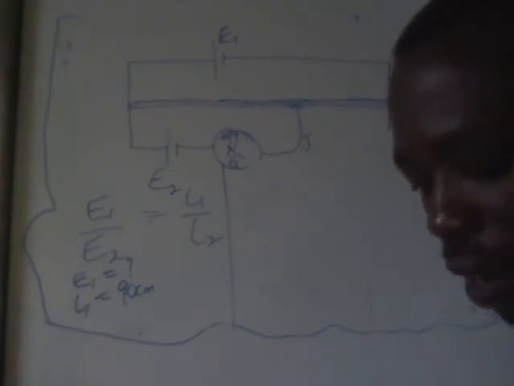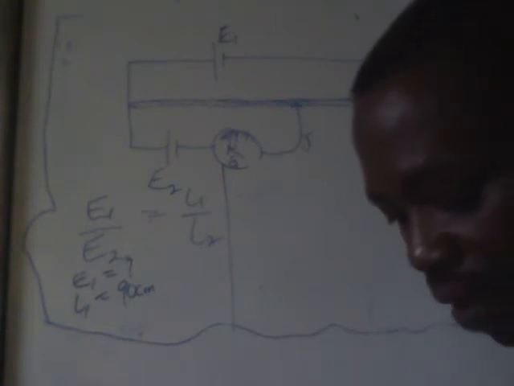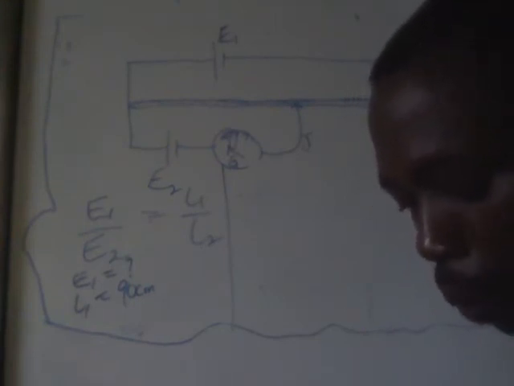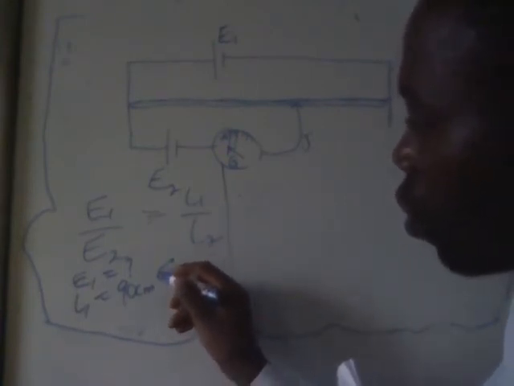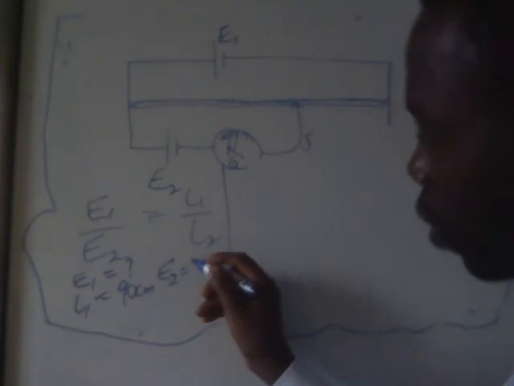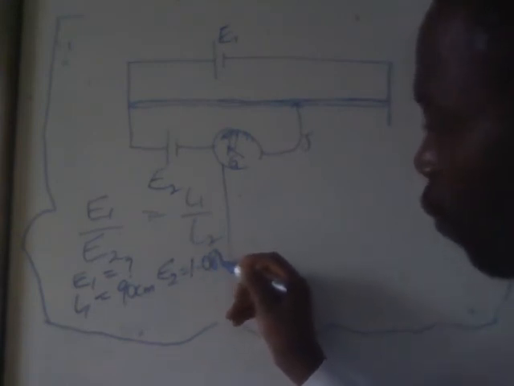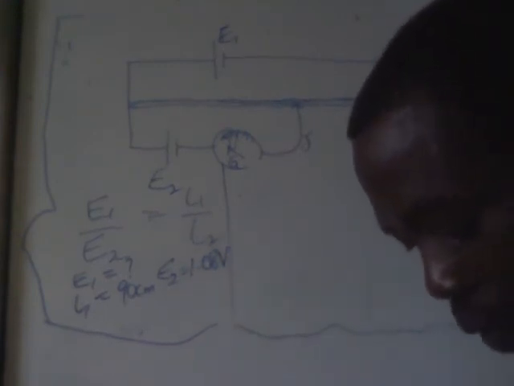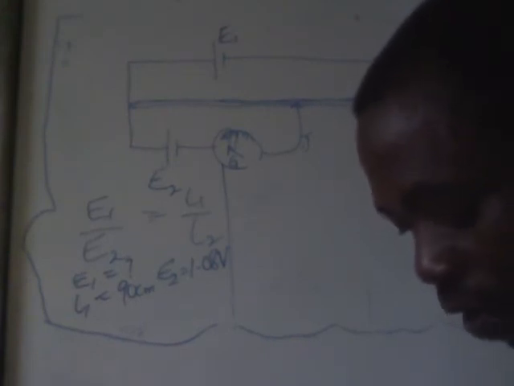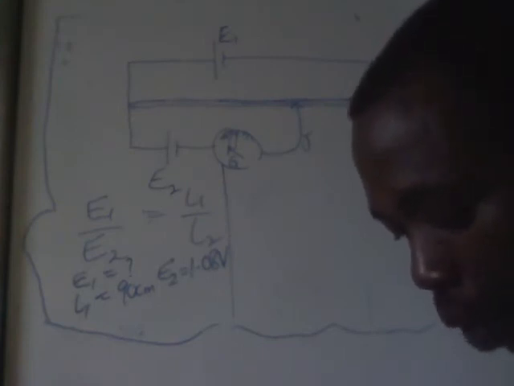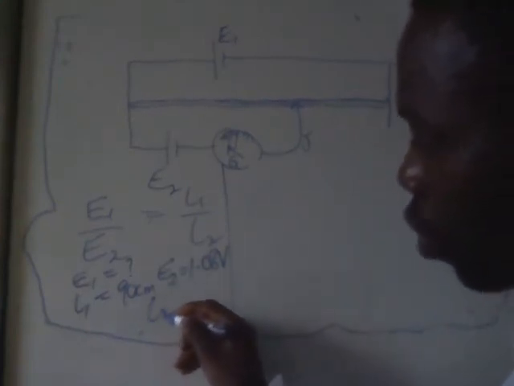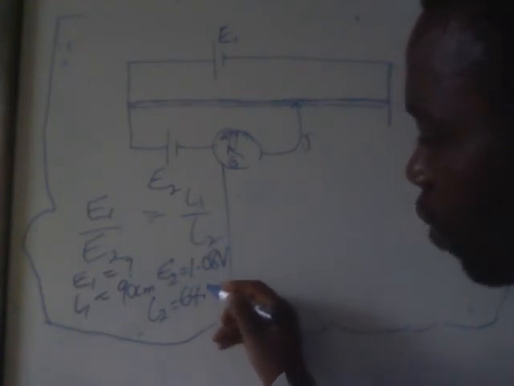When the cell is replaced by a Daniell cell of EMF 1.08 volts, that's E2, the second cell. The balance point is 64.8 centimeter. That means L2 is 64.8 centimeter. So the two lengths are in centimeters.